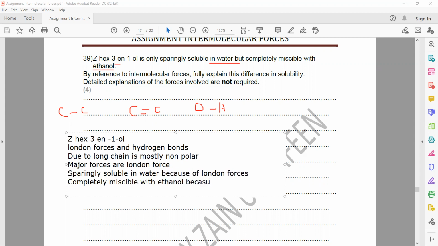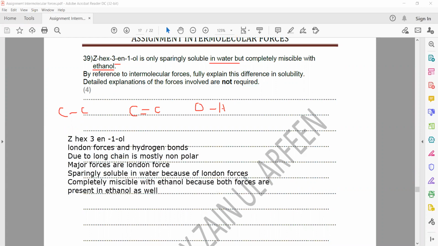with ethanol because both forces are present in ethanol as well. Is it clear?